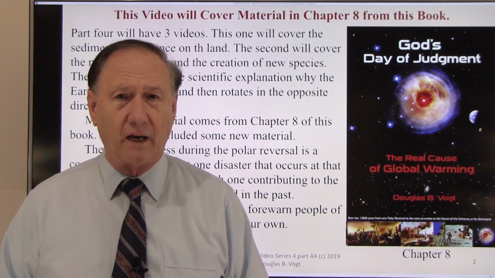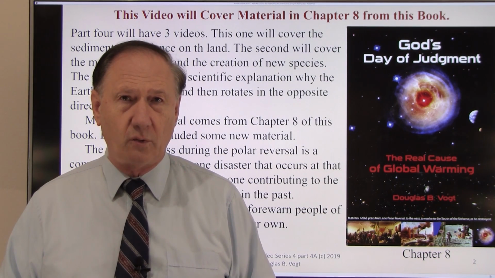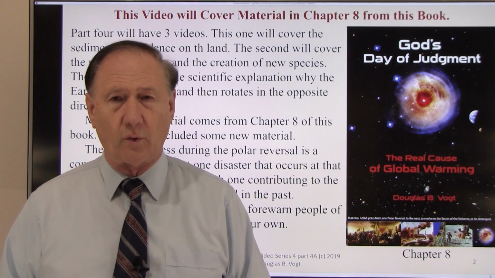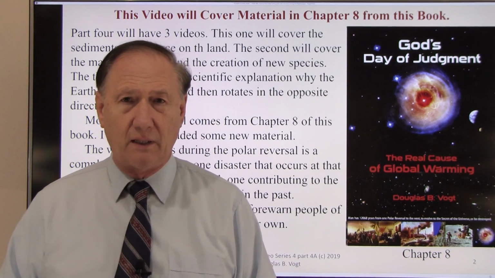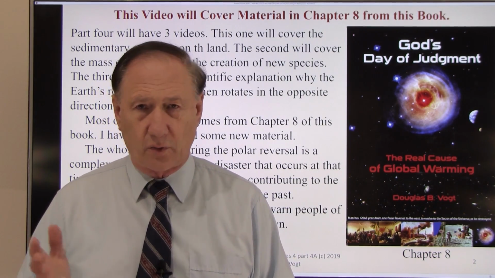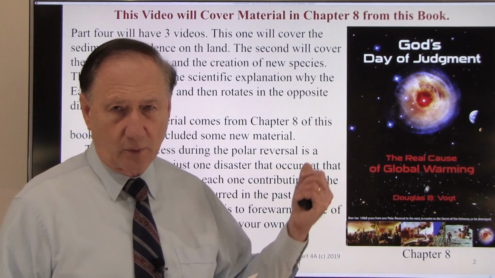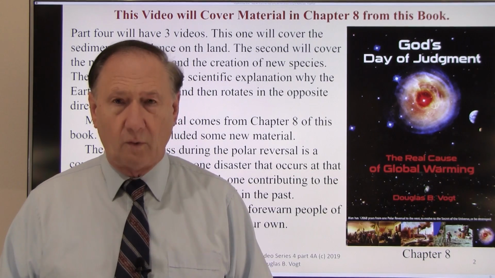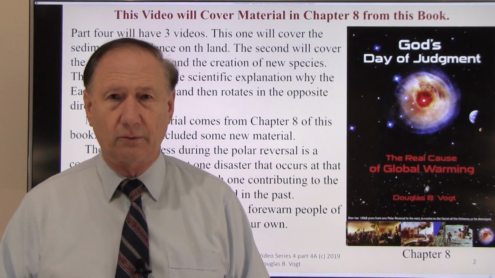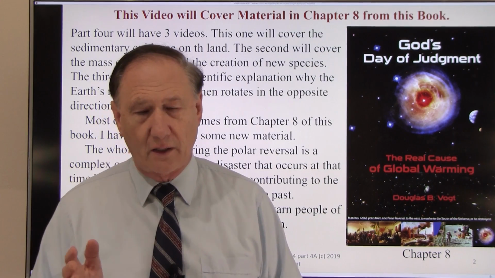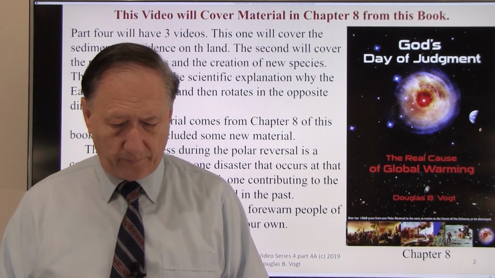So I've added a bunch of other stuff, and I've also changed some of my views of the sequence, or what happens and why the universe is created, which was in chapter 12 in this book. So that's one of the reasons I'm going to create another book. It'll just be called The Causes of the Ice Age and Polar Reversals.